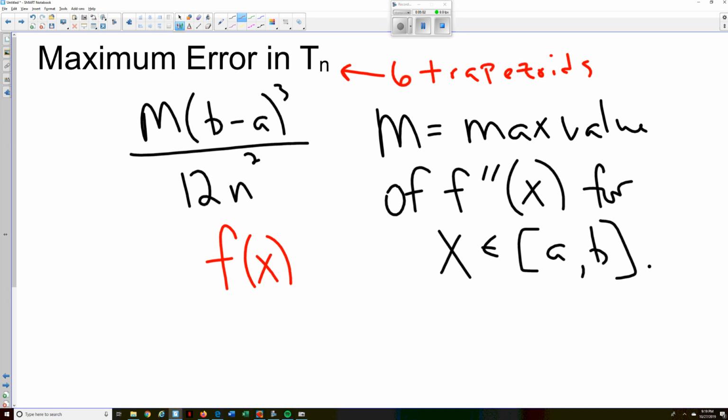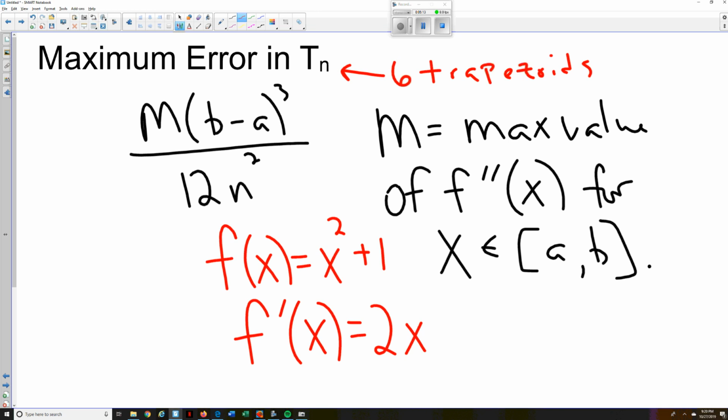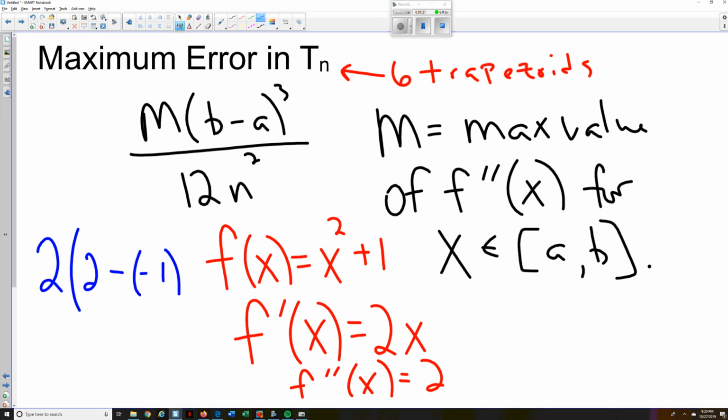Remember, our f of x is x squared plus 1, so its first derivative is 2x, and f double prime of x is 2. Let's start to fill these out. We have 2, and b minus a is 2 minus -1.